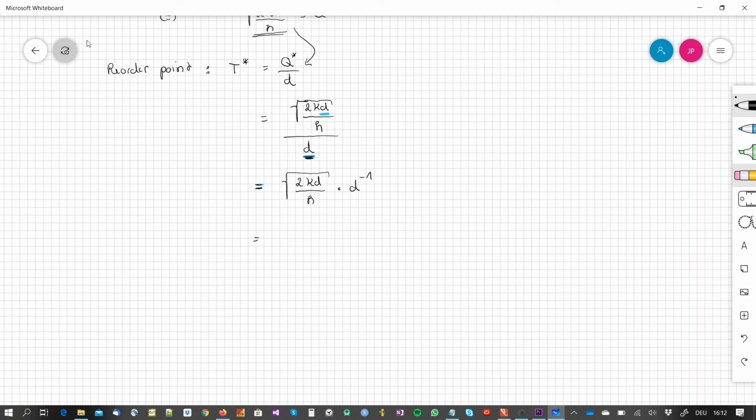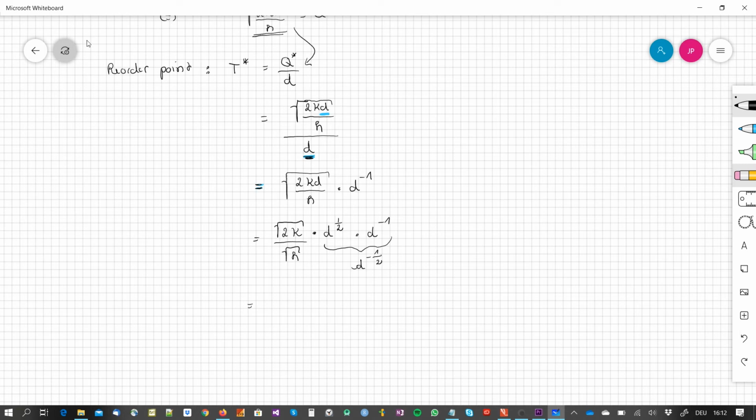I want to care just for the D, so I leave the other 2 in the square root, and I just rearrange D. So this is actually the same as saying that it is the square root, and then we have our D to the power of minus 1, and now we see that this would be D to the power of minus 1/2.